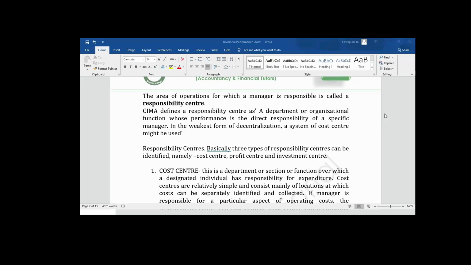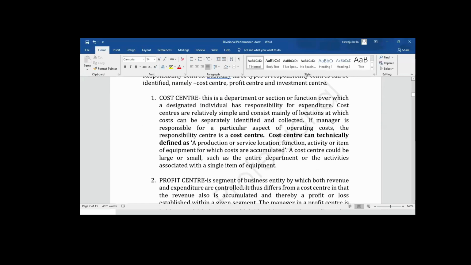Basically, there are three types of responsibility centers. These are, one, cost center. A cost center is a department or a section or a function over which a designated individual has responsibility for expenditure.